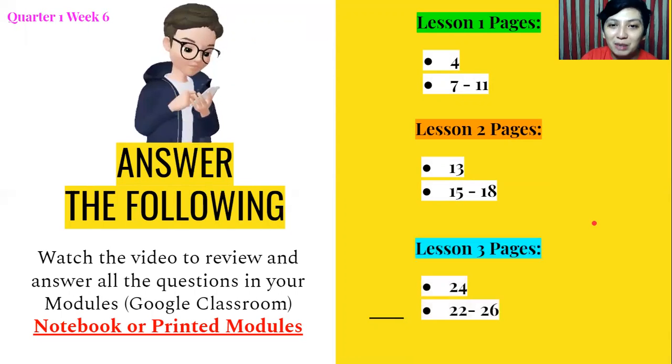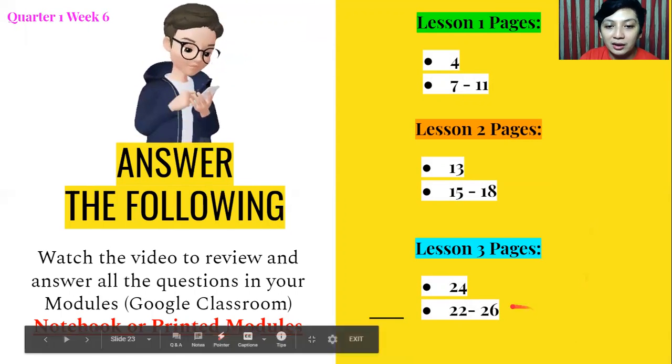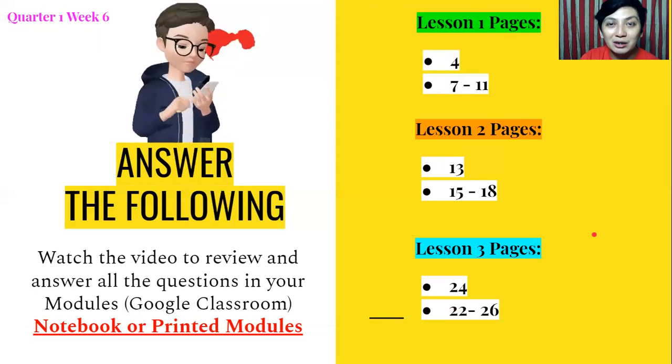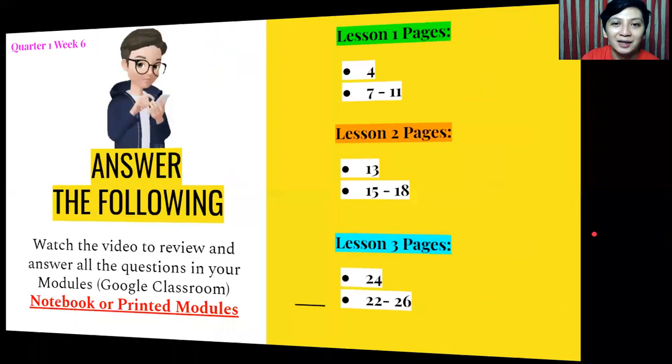And for lesson number 3, answer pages 22, 24 to 26. That was a typographical error, so that's 22, 24 to 26. So do not forget to answer that so that we can check it in our next meeting.